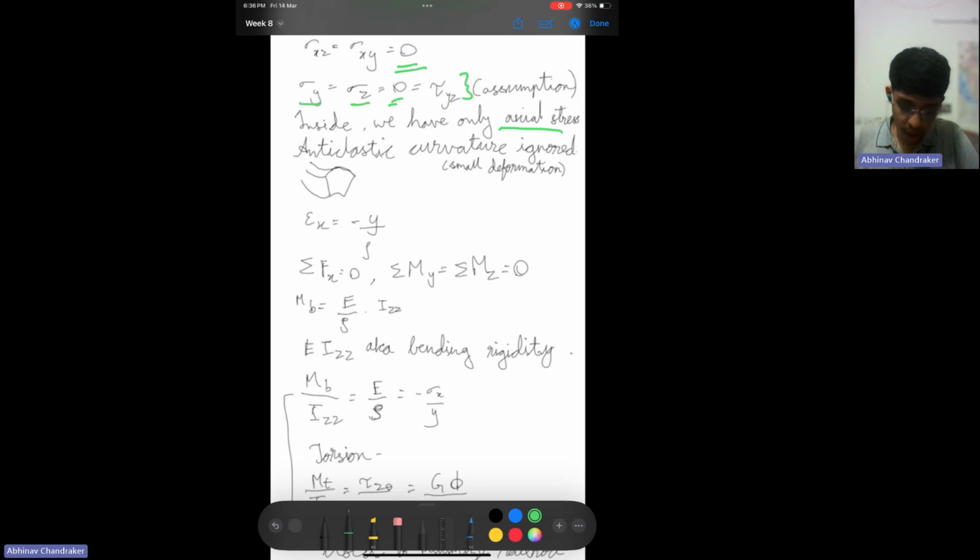Also, normally we'll have a curvature occurring called anticlastic curvature, which will be something like this. So a hump here, but here you will have a valley. This is called anticlastic curvature. In real members, it will be like this in a practical scenario. But because we are assuming small deformation, we'll ignore it for our consideration.